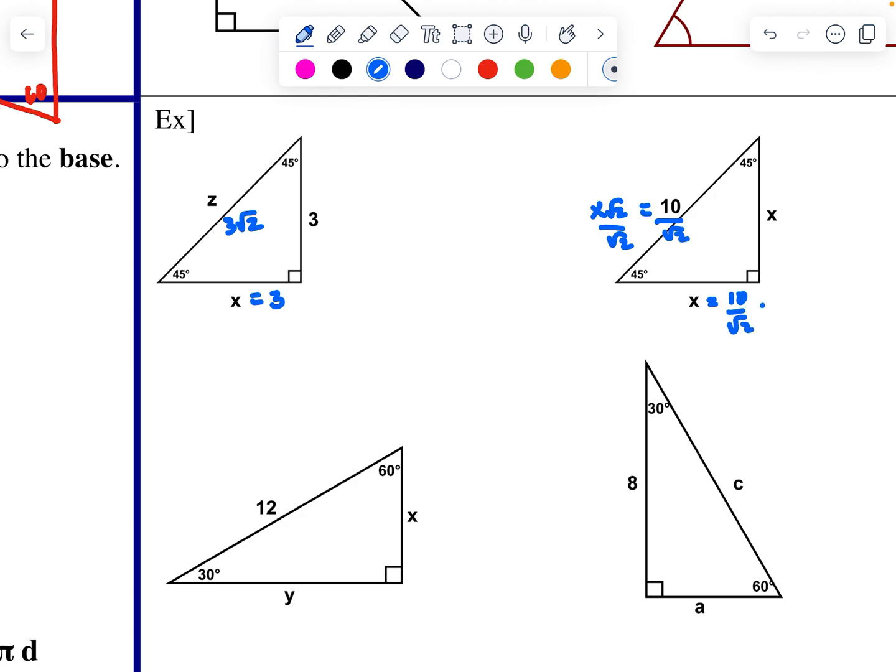If you rationalize that by multiplying top and bottom by root 2, you're eventually going to get 5 root 2. The other way to do this one is to use the Pythagorean theorem. You've got x squared plus x squared is equal to 10 squared. You've got 2x squared is equal to 100. Solve for x. You should eventually get 5 root 2.